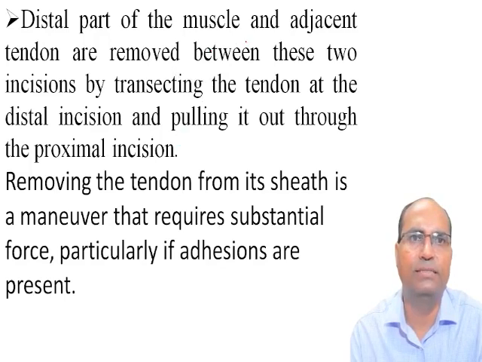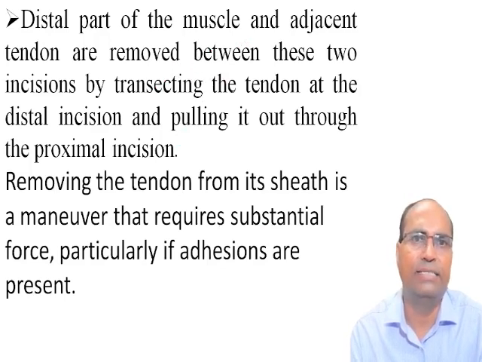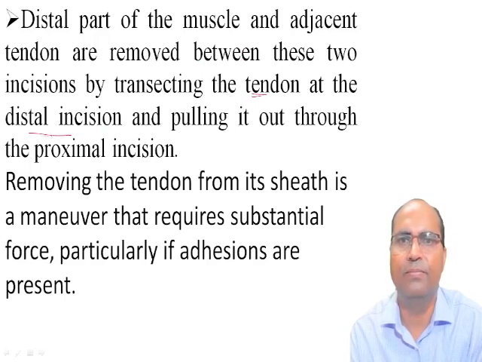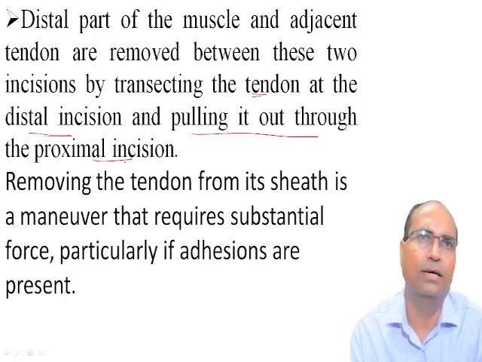Part of the muscle and adjacent tendon are removed between these two incisions by transecting the tendon at the distal incision and pulling it out through the proximal incision.